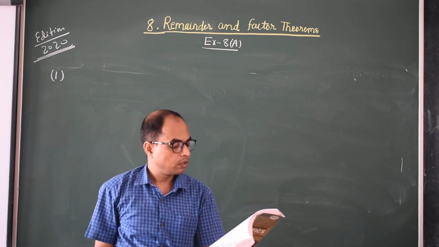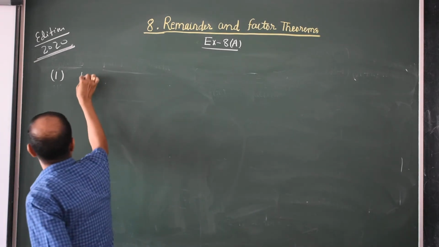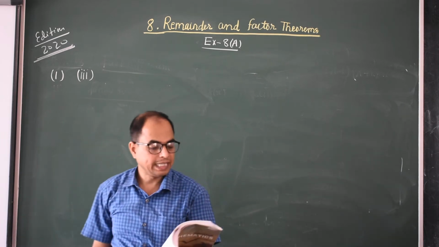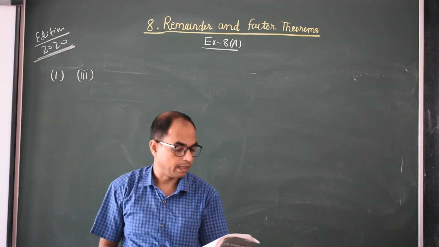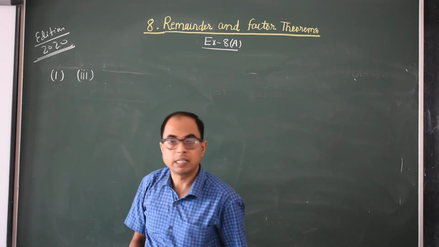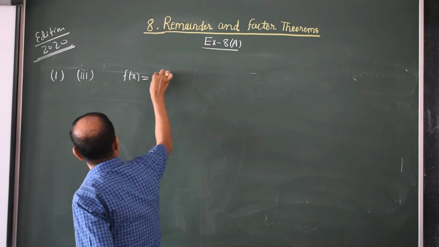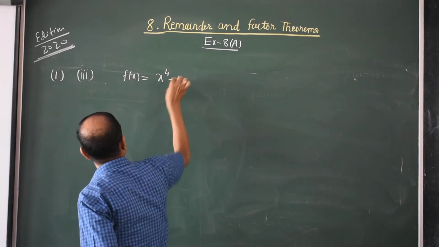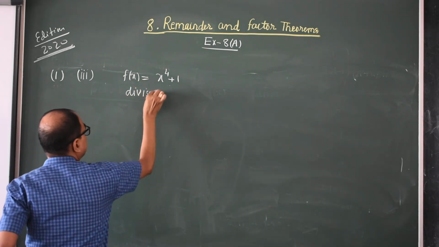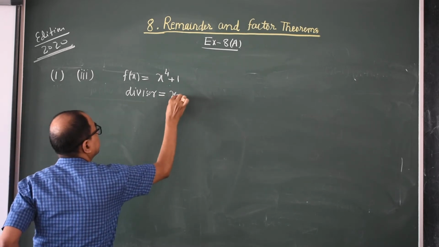In question number 1, 3 bits are given. So let us solve bit 3. Find in each case the remainder when x to the power 4 plus 1 is divided by x plus 1. So here the given polynomial is x to the power 4 plus 1 and the divisor is x plus 1.